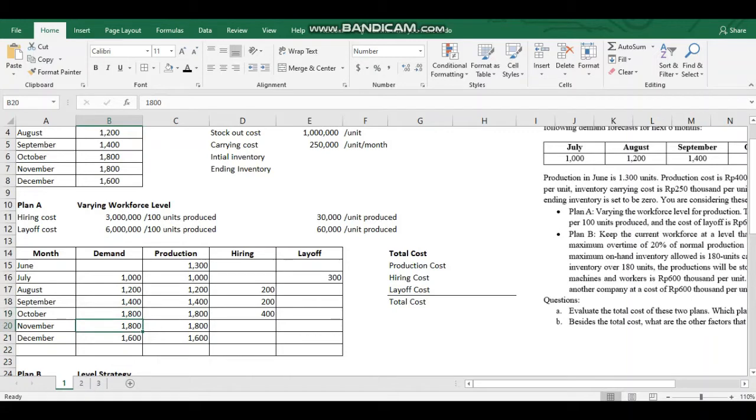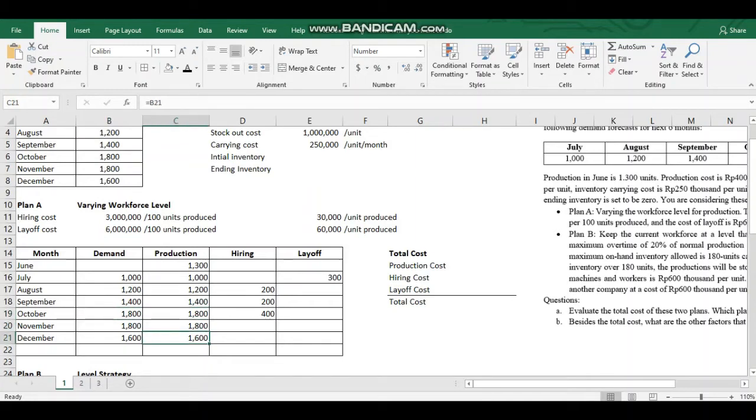And then November is the same as October, so we don't have to hire or lay off, since the current level of production that we need is already the same as the previous one, which is October.